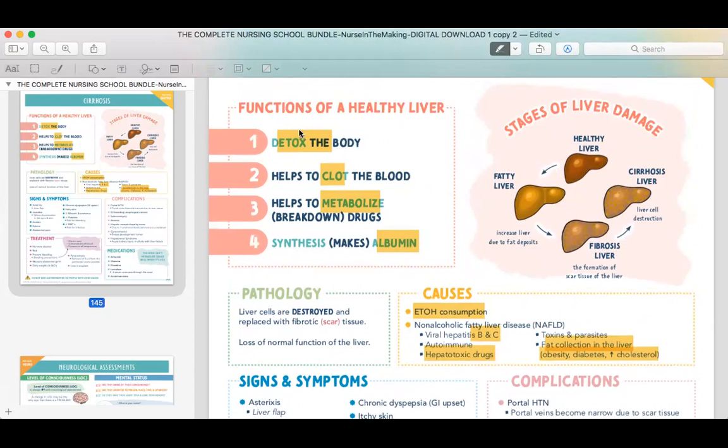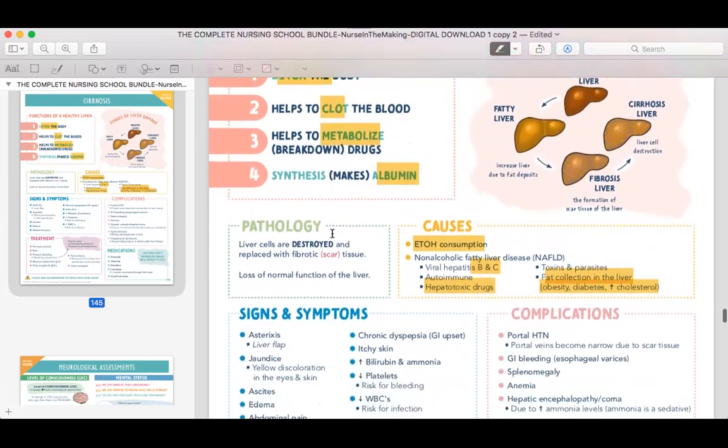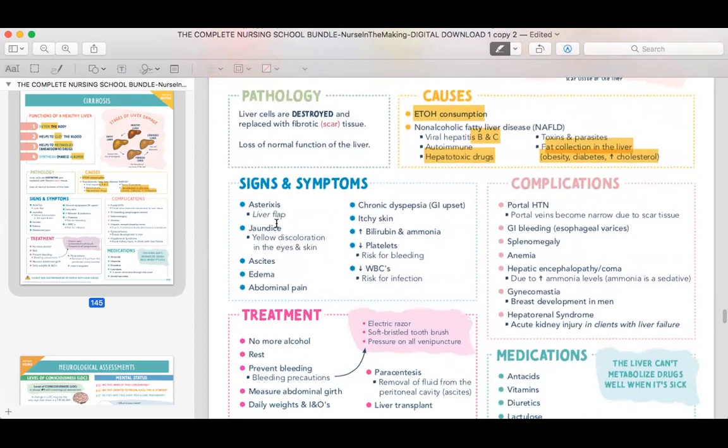So now you can't detoxify the body. You can't help clot. You can't metabolize the drugs. You can't make albumin.